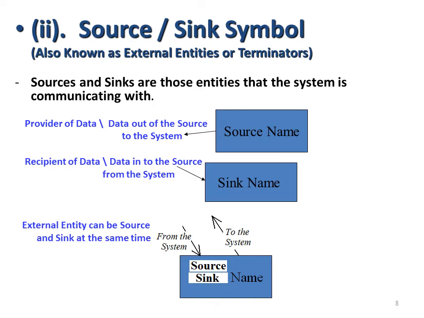The sink means the recipient of the data, or data going into the sink from the system. It goes in. The same entity, process, or data source might be a source and a sink at the same time, as you can see here. An external entity can be a source and a sink at the same time. In addition, the processes and the data stores can also be a source or a sink at the same time.